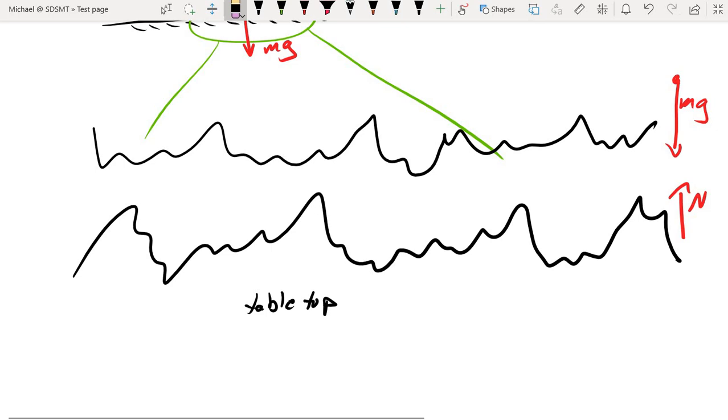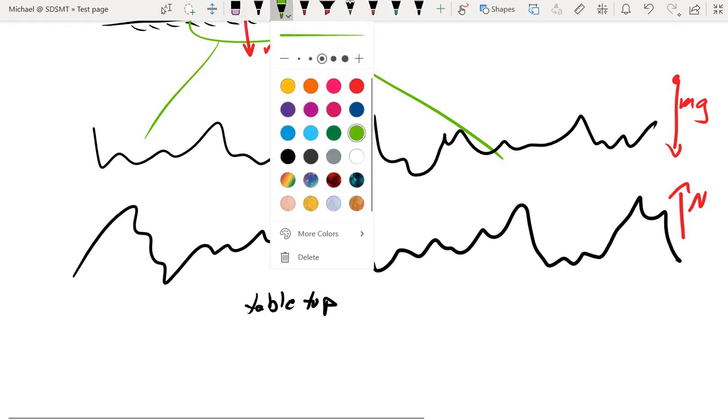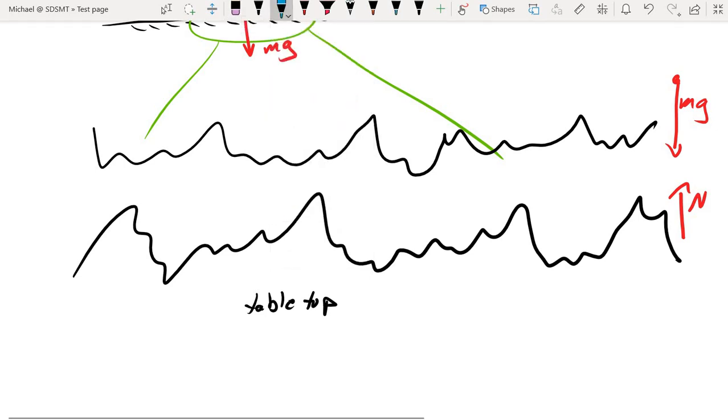Because the surfaces are so jagged, you would end up basically getting hung up on all of these different peaks. As the block slides across the surface of the tabletop, we keep snagging between the peaks.